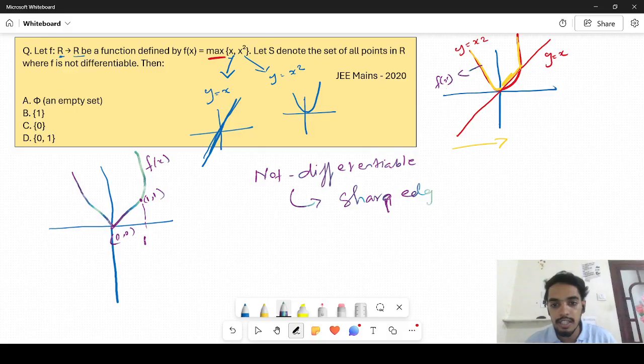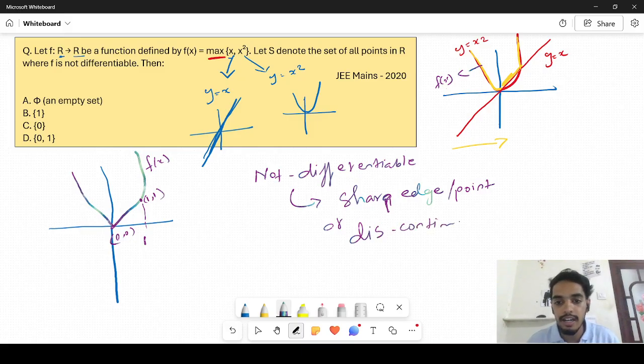Sharp edge points, right? Or a discontinuous graph. Either the graph should be discontinuous or it should have a sharp point. At those points only it will be non-differentiable.